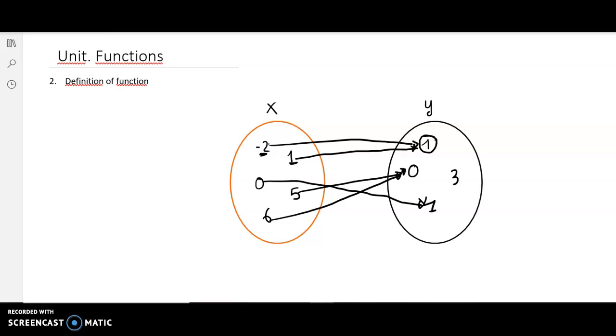The first set is called domain. The second set is called codomain. And the actual numbers in the second set that have a relationship, this set of numbers is called range.